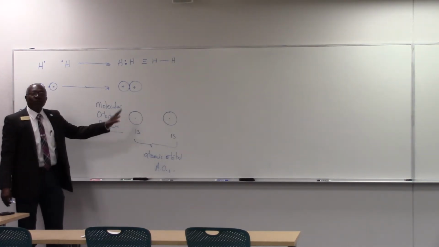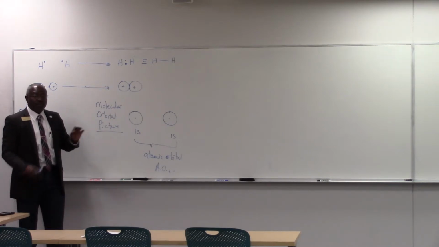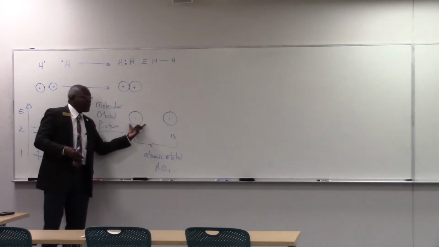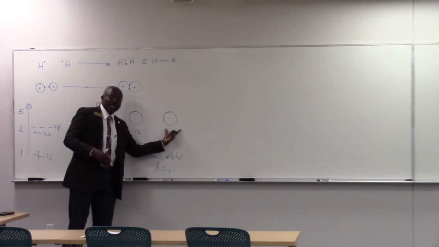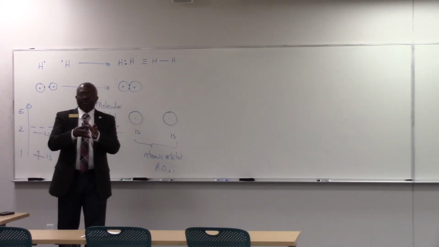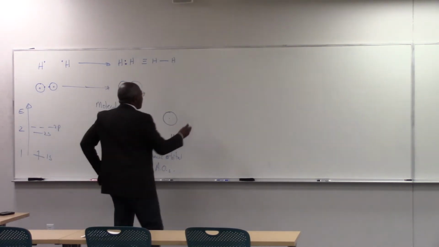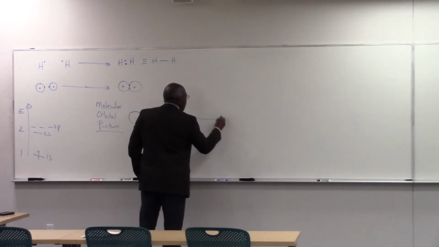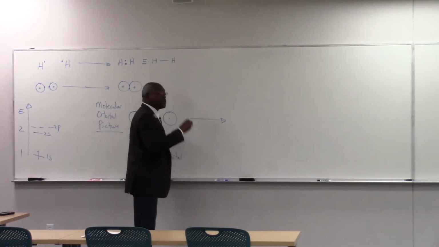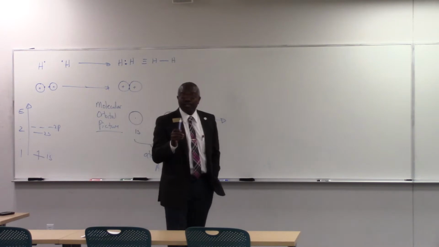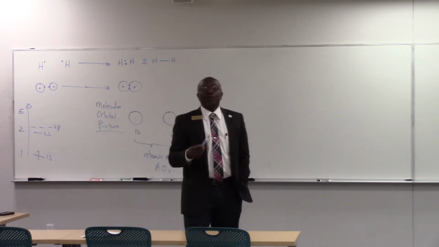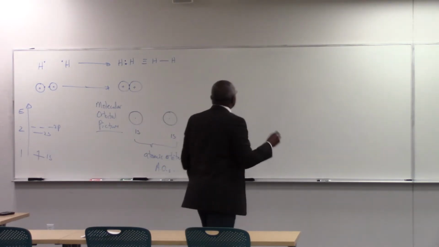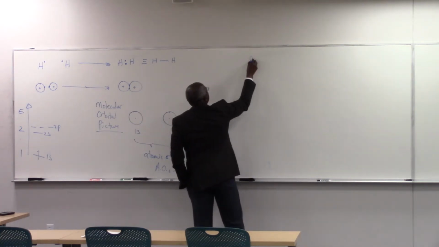So here are two 1s atomic orbitals. They are localized on an individual hydrogen. They overlap. And in the process, what we end up forming is two orbitals. And that's very important. There is a concept called orbital conservation.